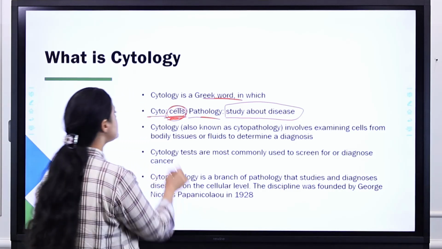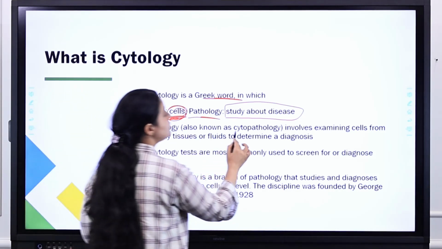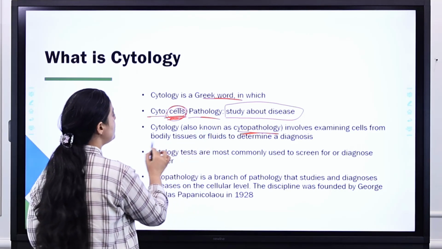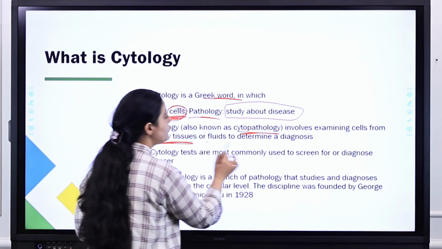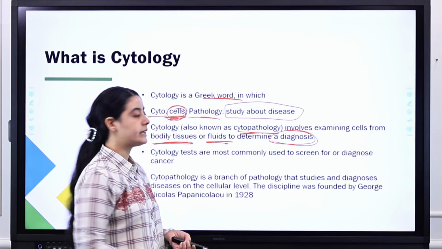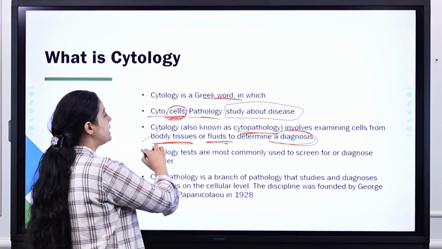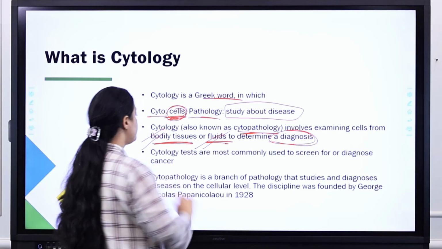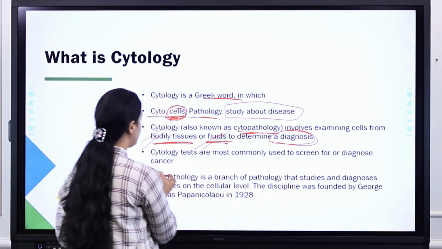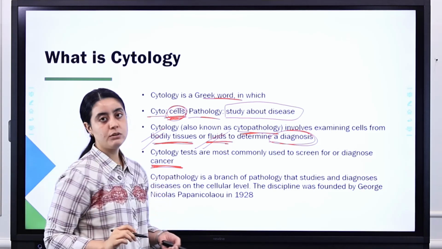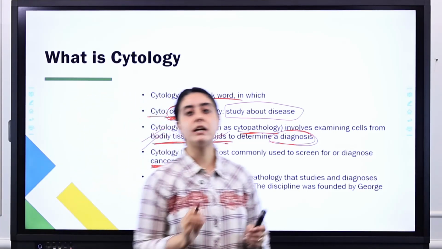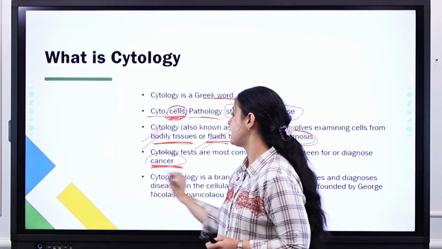Cytology, which is also known as cytopathology, involves examining cells from bodily tissues or fluids to determine a diagnosis. So in this category we also diagnose body tissues or fluids. Cytology tests are most commonly used to screen or diagnose cancer. You have to remember this: cytology is mainly done for the diagnosis of cancerous cells.